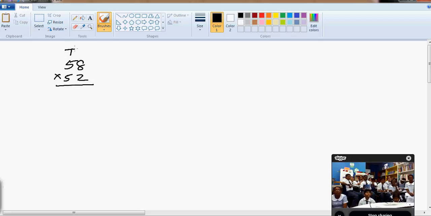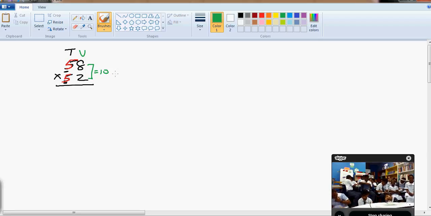Some of you said that, if I consider this as a tens place, then the tens place digits are same, right? 5 and 5 are same. And then if I look at the units place or ones place, if I add them, I get 10, right? So this was the first pattern that you all said.